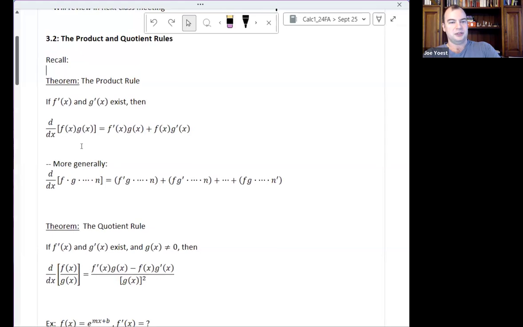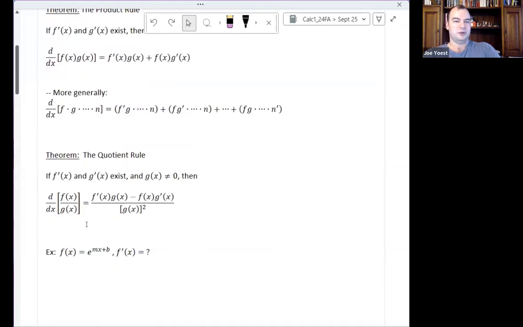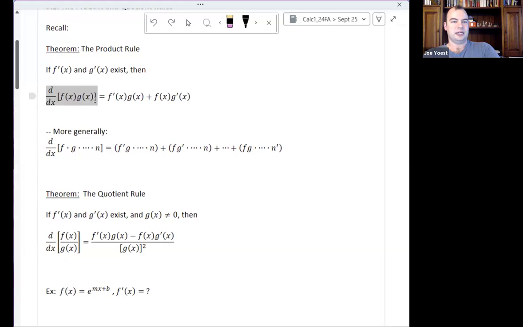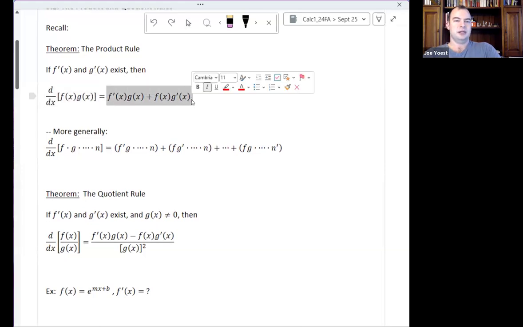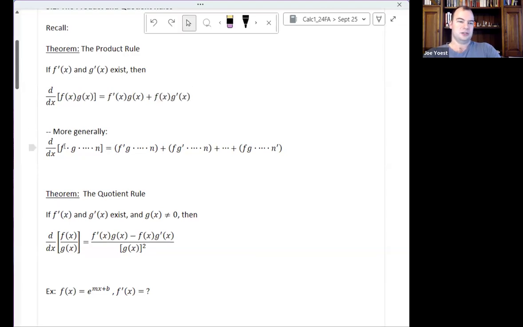Okay, so the product and quotient rules. Just recall that for the derivative of the product, essentially what we do is write the product twice, f times g added together, and then in each term we differentiate one function or the other. And this does generalize to the derivative of the product of a bunch of functions.